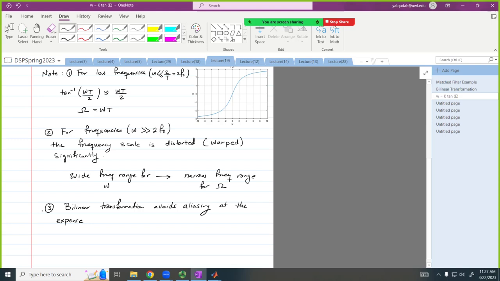The range here is linear, but outside it's not. Therefore, the shape is going to be distorted. It is at the expense of linearity of the transformation, which results in distortion. Another way to say it is compressing the high frequency range.